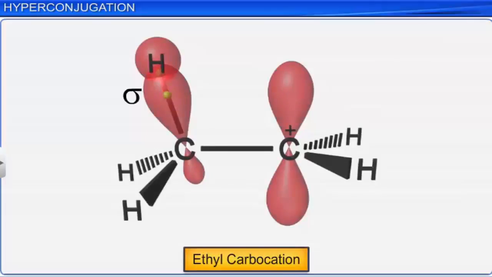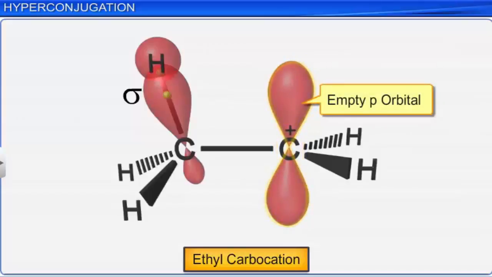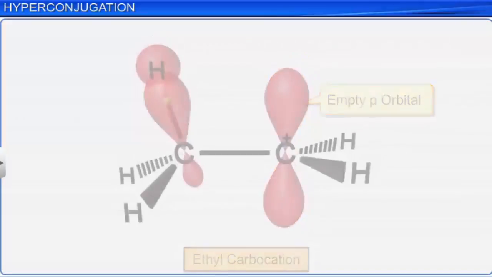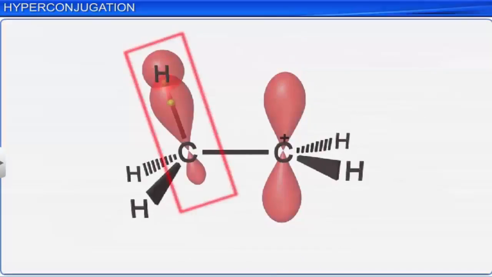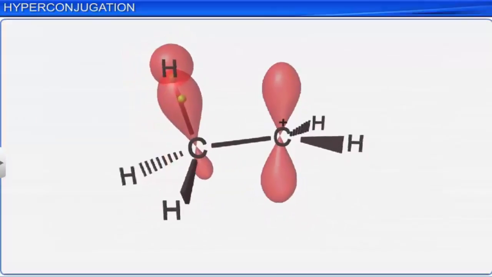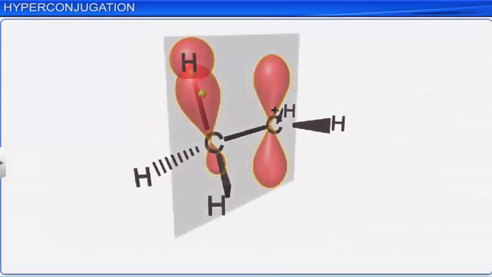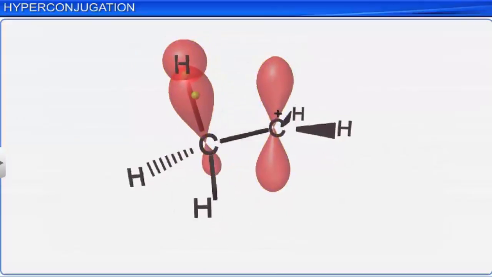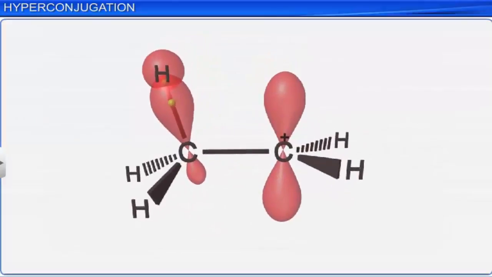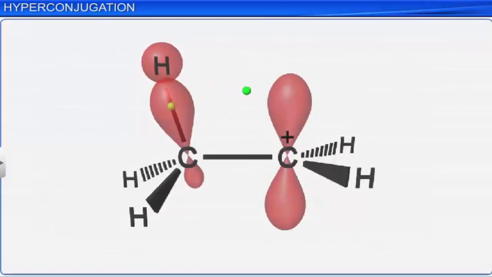In ethyl cation, the positively charged carbon atom has an empty p orbital. One of the carbon-hydrogen bonds of the methyl group aligns in the same plane with the empty p orbital of the positively charged carbon atom. The electrons of this carbon-hydrogen sigma bond then get delocalized into the empty p orbital as shown here.